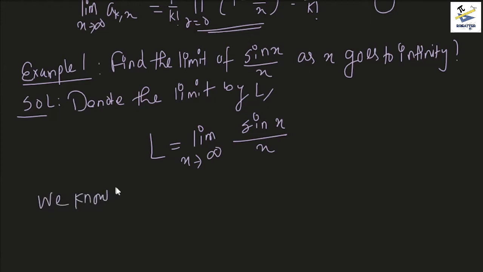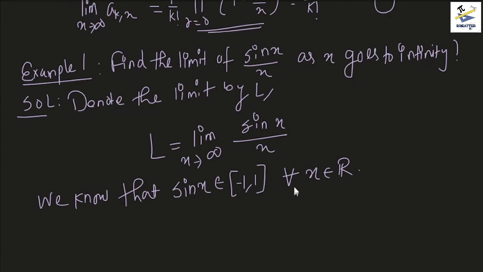that sin x for every real value of x lies in the closed interval -1 to 1 for all x belonging to the reals, right? So this is a property of sin x, that sin x is bounded.